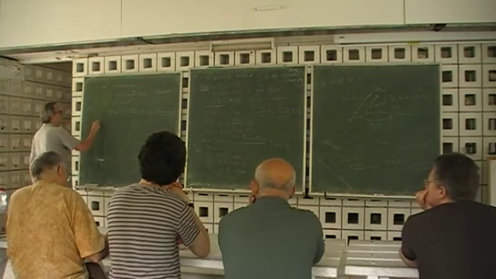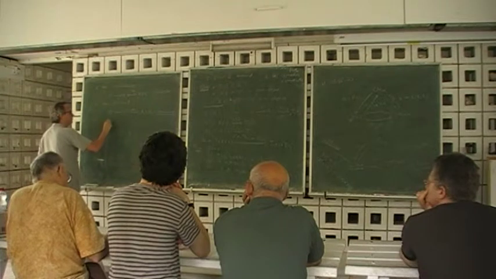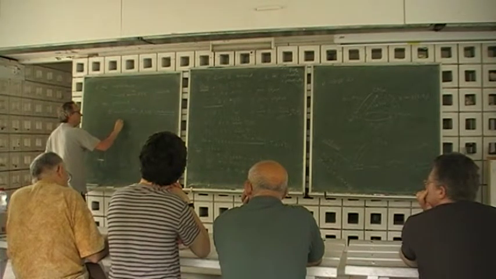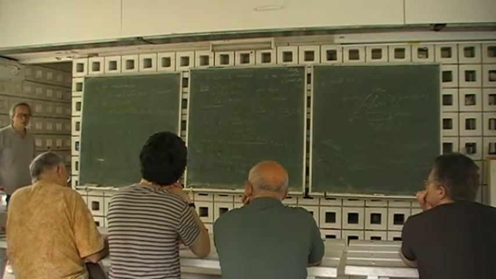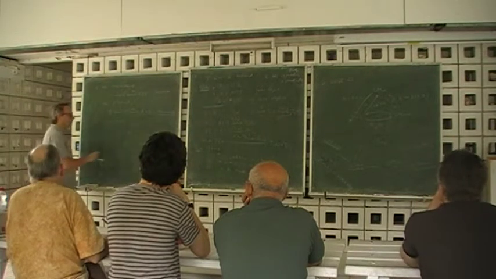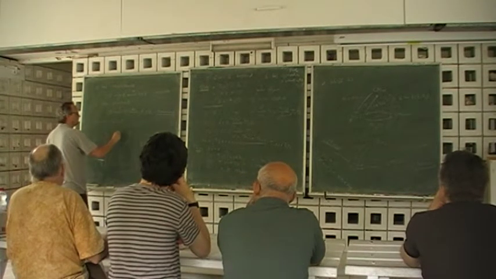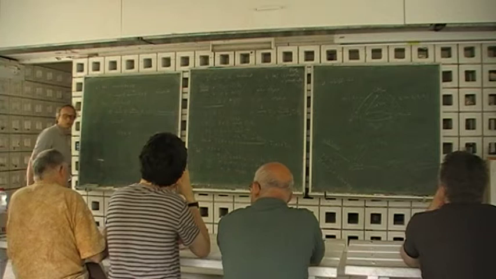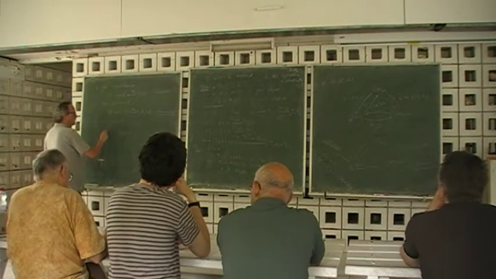Now, if C has biproducts, I get a bimonoid on X in the obvious way. Basically, you combine these two things. I write this for the biproduct.